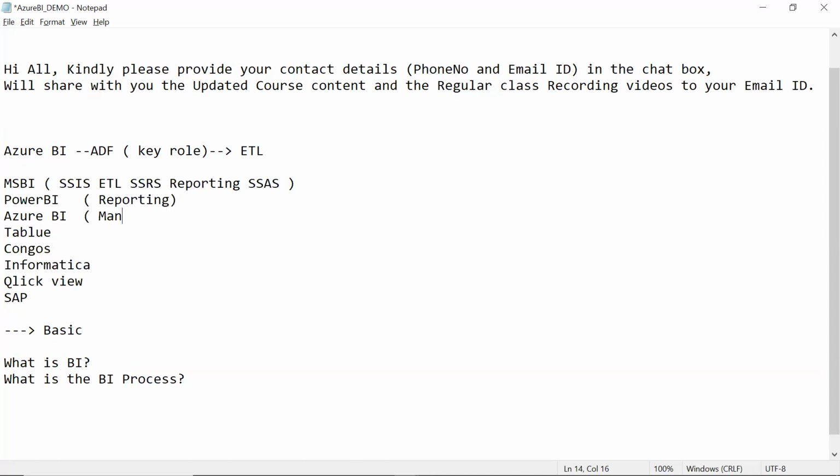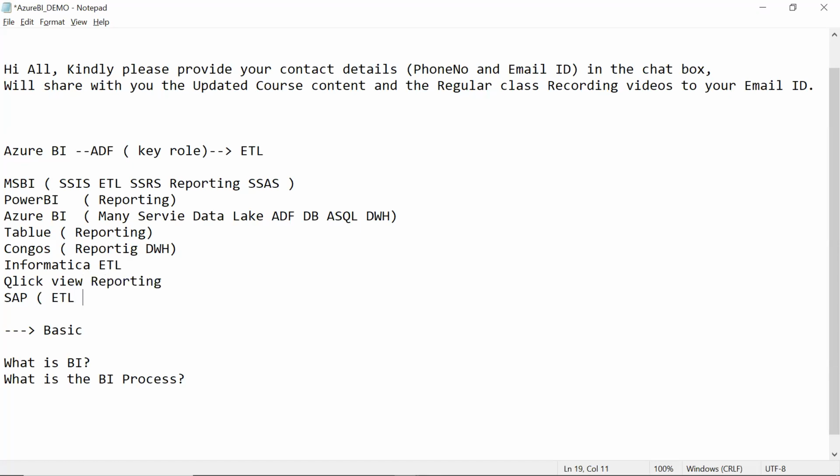Again we have many services like your Data Lake, Data Factory, Databricks, Azure SQL, and data warehouse Synapse. Tableau is reporting, Cognos is reporting and data warehousing, Informatica is ETL, and QlikView is reporting. So what is the use of BI first of all? Why are we looking for BI? Why are there a lot of opportunities in BI?